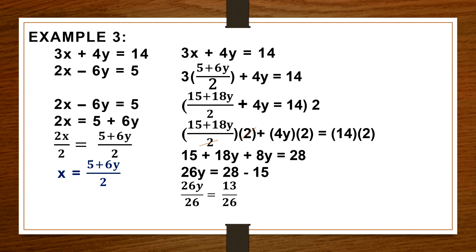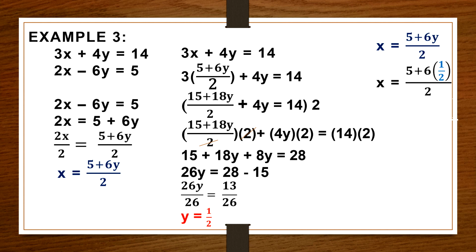26y divided by 26 is y, and 13 divided by 26 is not divisible, but we can reduce it to lowest terms, which is equivalent to 1/2. The next step, substitute this value of y into x equals 5 plus 6y all over 2. So let's substitute: 5 plus 6 times 1/2 all over 2.